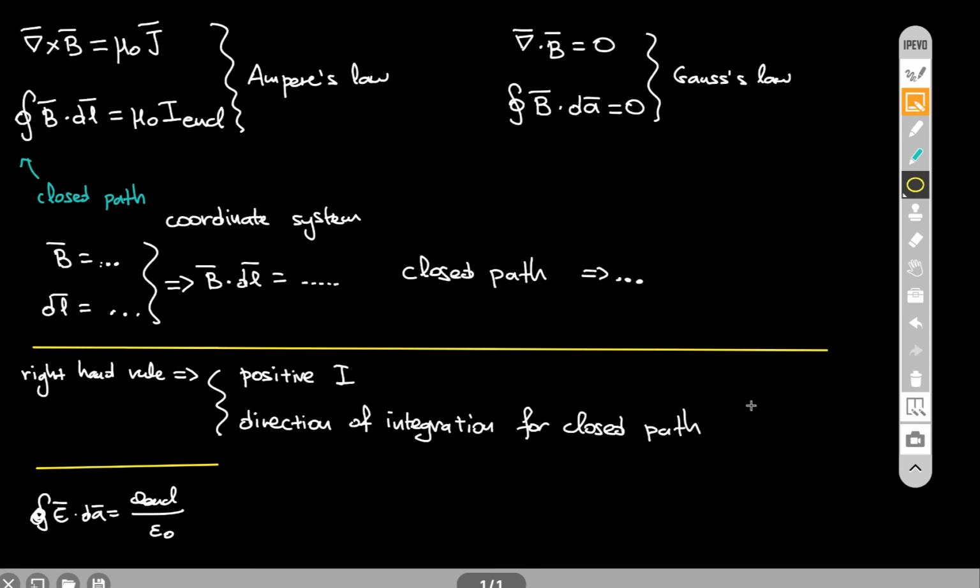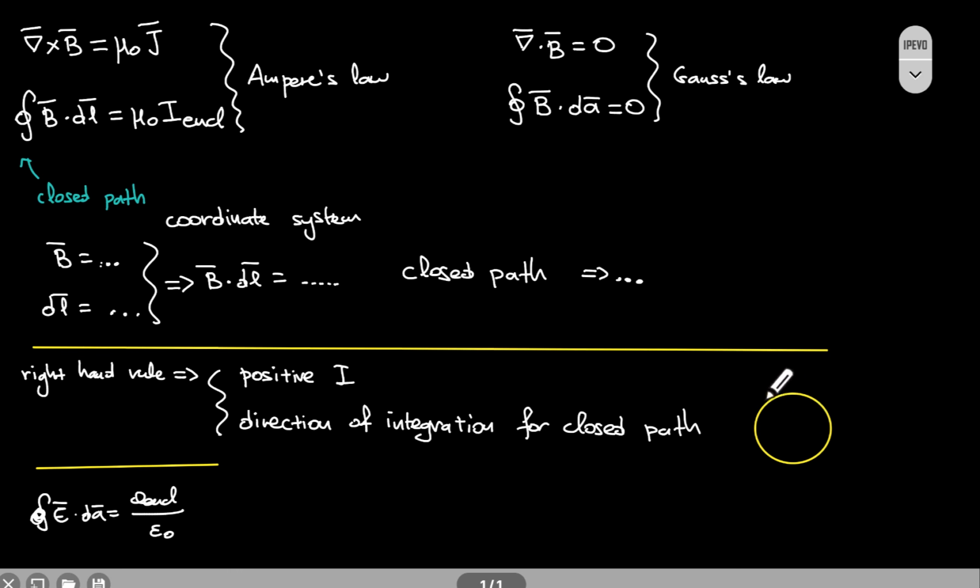Let's say that I choose to integrate clockwise. This is my closed path, it's a circle. So my closed path is a circle and I'm integrating in the clockwise direction.